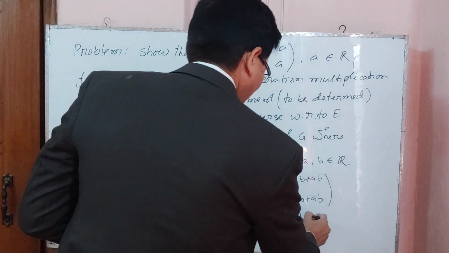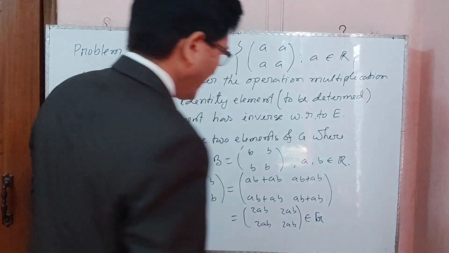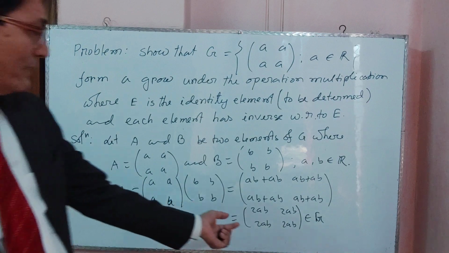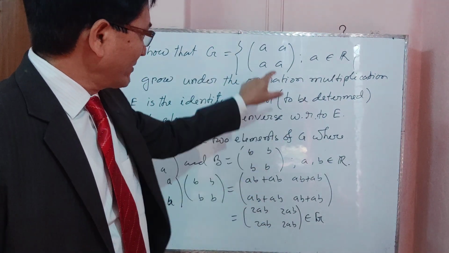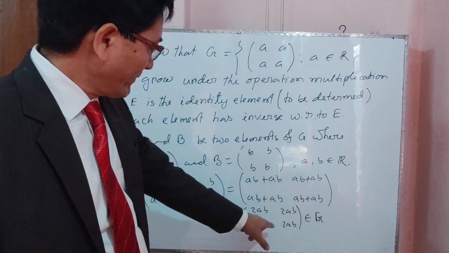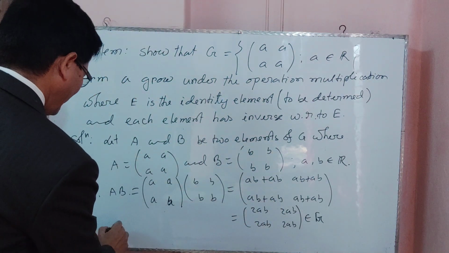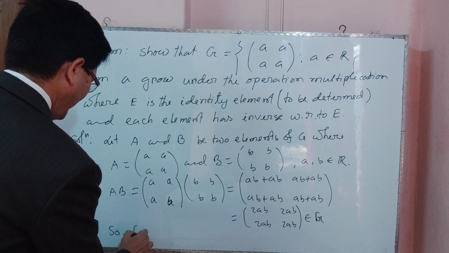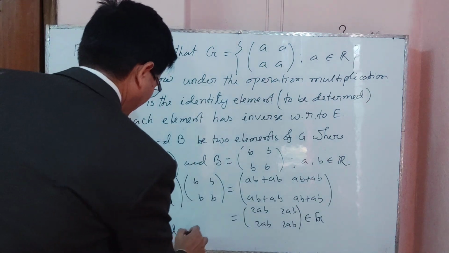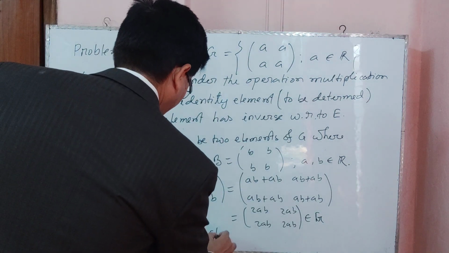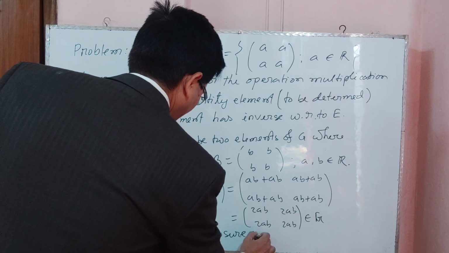So this belongs to G, because the elements are of the type of this element. That's why we can say G holds the closure property.